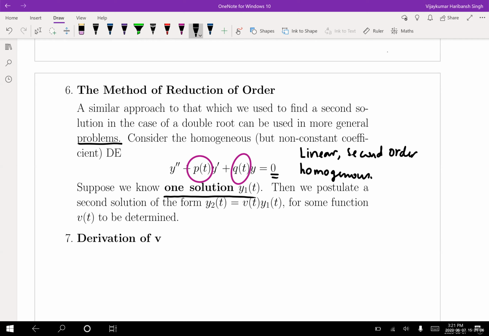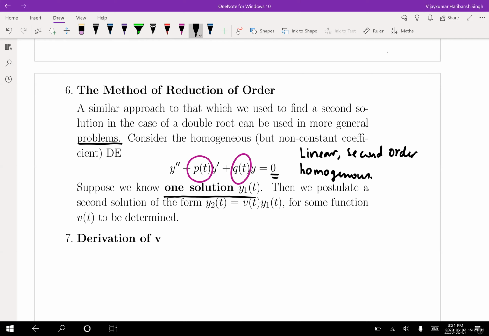So there's no corresponding characteristic equation here, but suppose on top of this we are given one solution y1(t), and we want to find the second solution. Again, what kind of second solution? Not any second solution, but a solution y2 which, along with y1, forms the fundamental set. That is the goal.